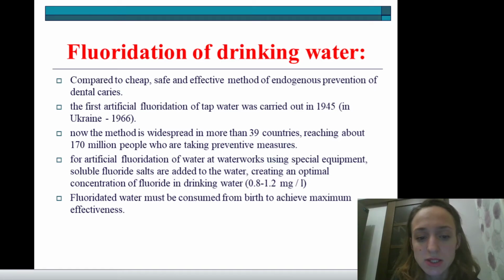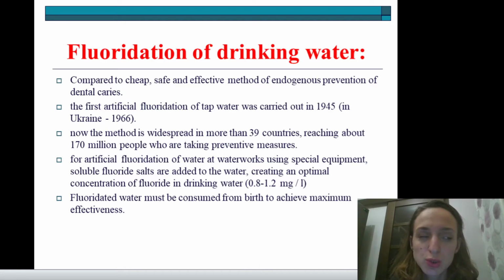Now the method is widespread in more than 39 countries, reaching about 170 million people who are taking preventive measures, and for artificial fluoridation, waterworks use special equipment.